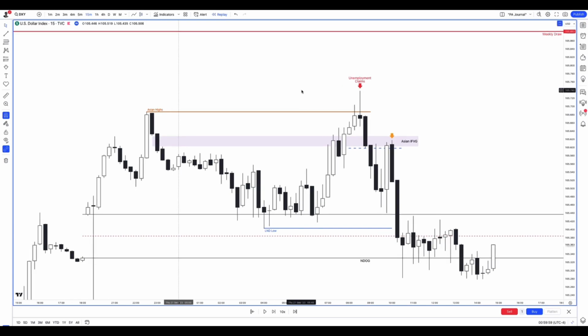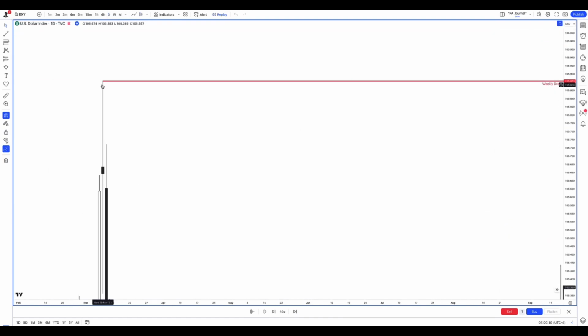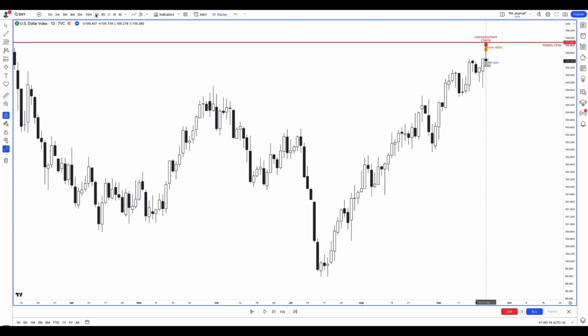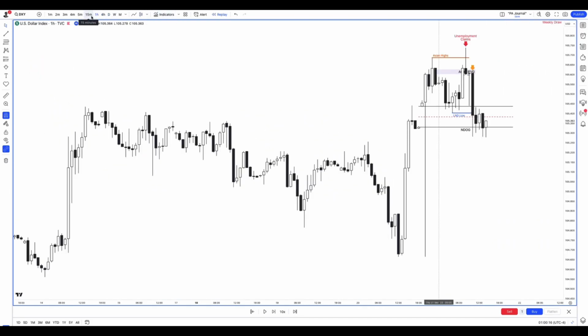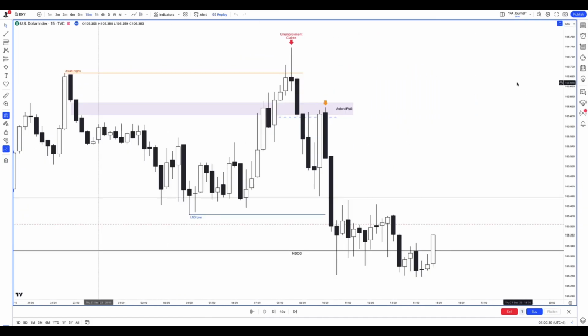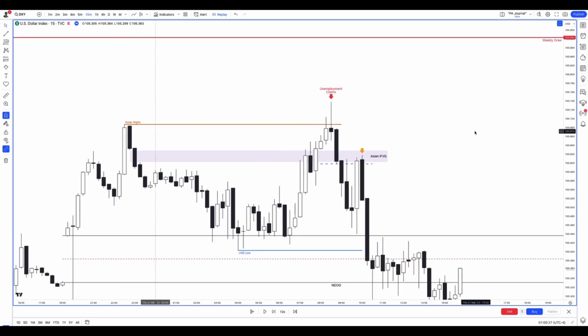So firstly, the bias I had was aiming towards this weekly draw, which was this old weekly high here. When we had unemployment claims, I was expecting that volatility to push us up into the weekly draw here.